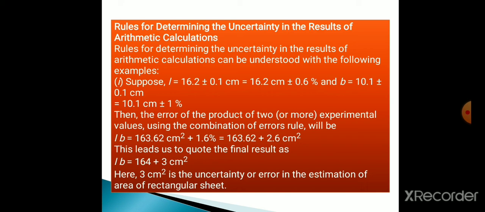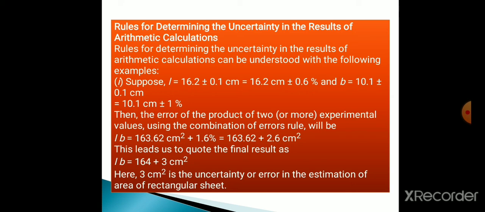There are certain rules for determining the uncertainty in the results of arithmetic calculations. For example, suppose length L is given by 16.2 plus or minus 0.1 centimeter and breadth B is given by 10.1 plus or minus 0.1 centimeter, where 0.1 centimeter is the error in the measurement of length and breadth.